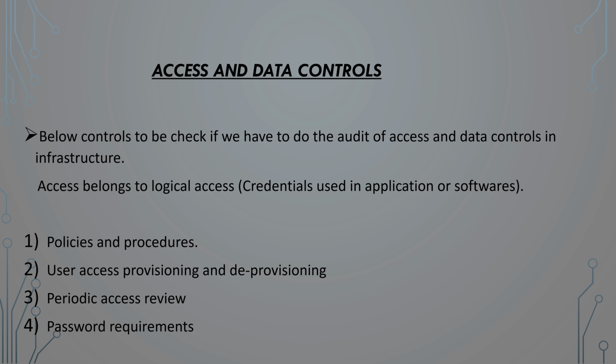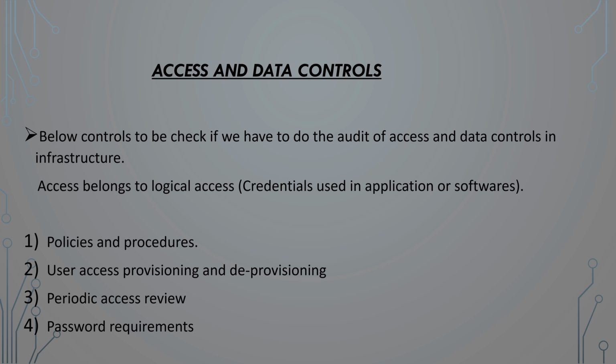Second is the user access provisioning and deprovisioning, means during onboarding of the candidate, what are the accesses given to the fresh coming associates, and during offboarding what is the access termination point of time or something like that.